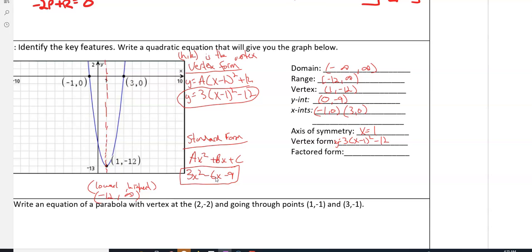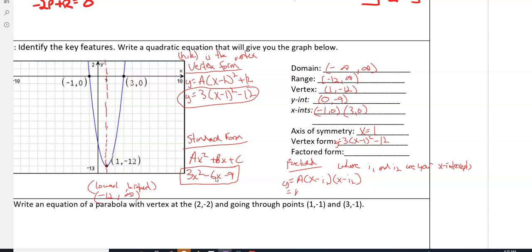All right. So my factored form would be y equals a times x minus I1 times x minus I2, where I1 and I2 are your x-intercepts.